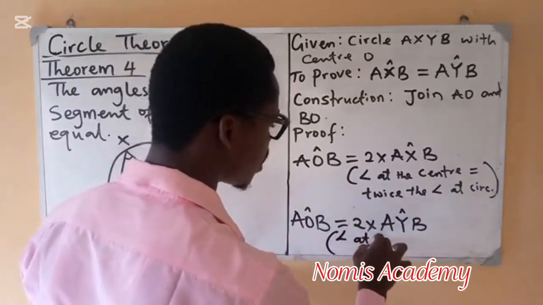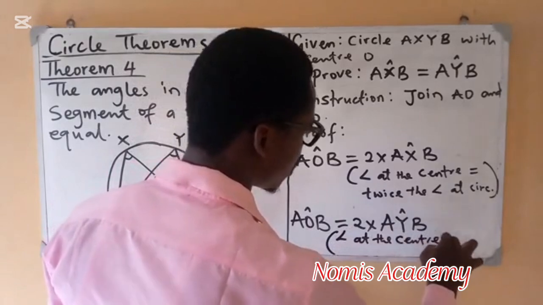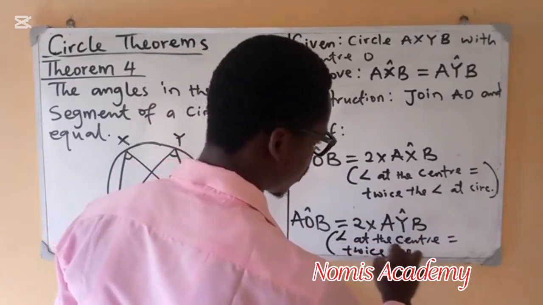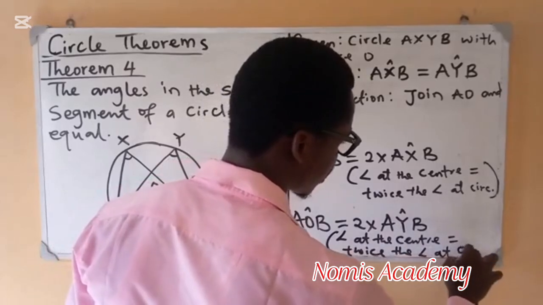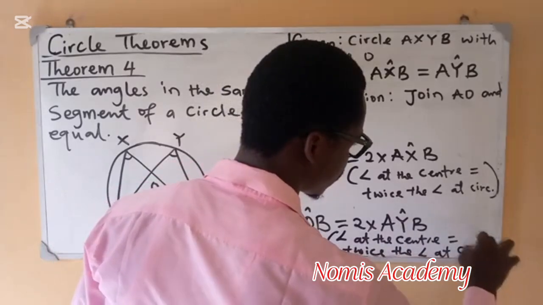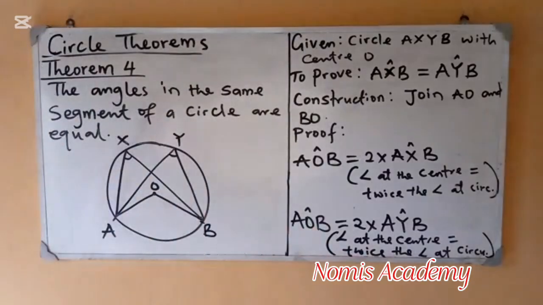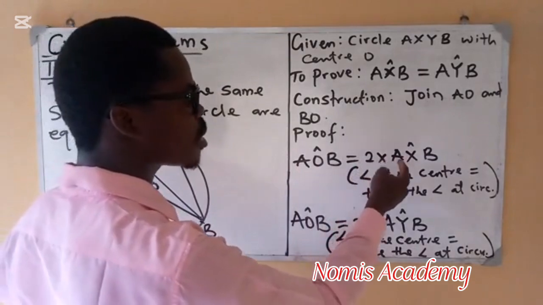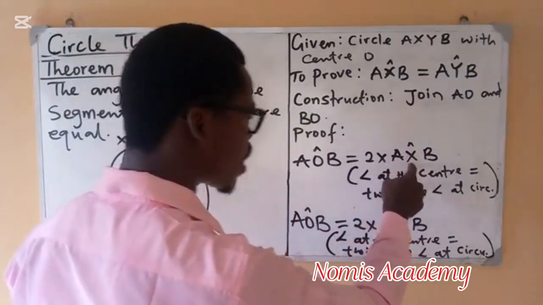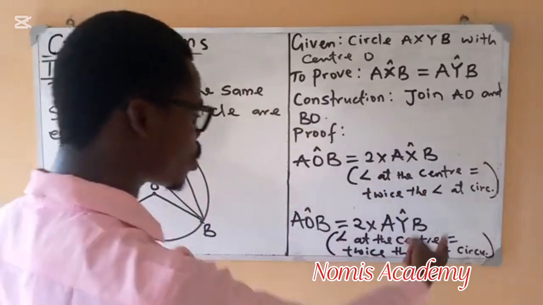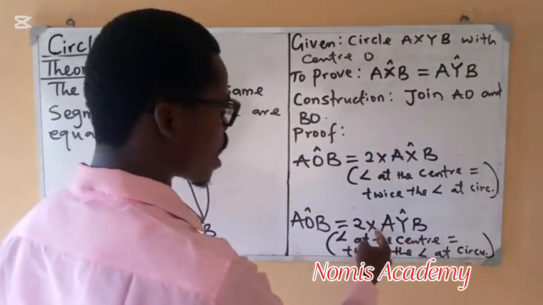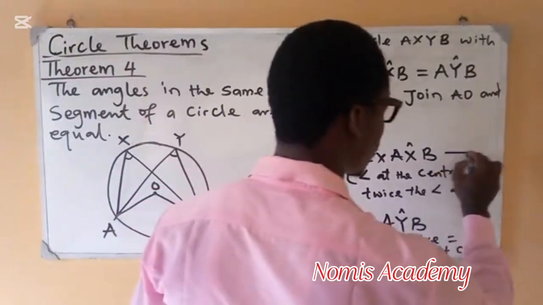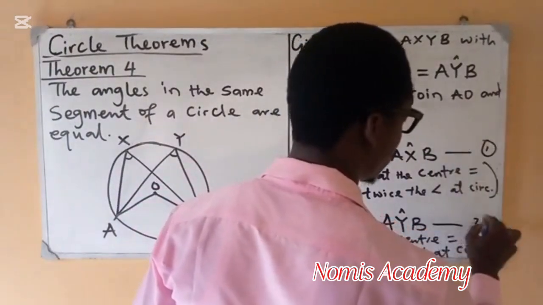Angle at the center is equal to twice the angle at the circumference. So if AOB is equal to 2 times AXB, angle at X, and AOB is also equal to 2 times AYB, angle at Y, then we can equate the two together. Let's call this equation 1 and we call this equation 2.